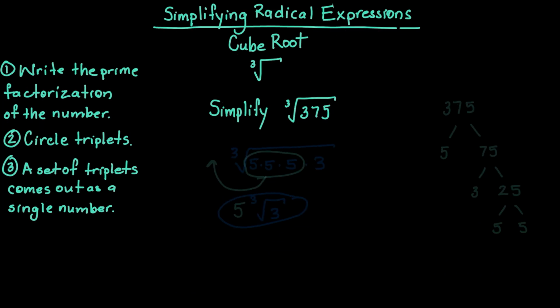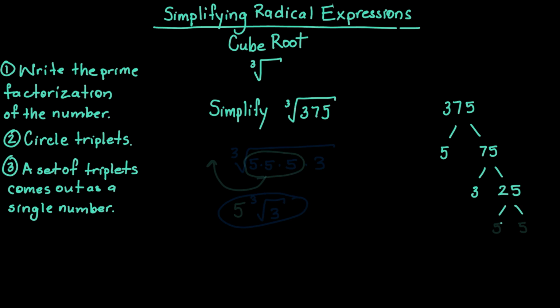Now I want to simplify the cube root of 375. I'm going to take 375 off to the side. 375 ends in 5, so I know it's divisible by 5. It's 5 times 75. 75 is 3 times 25.